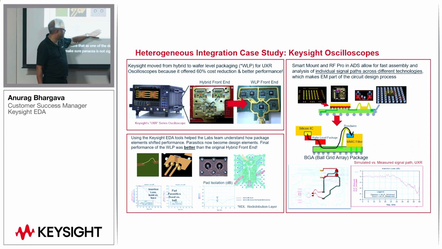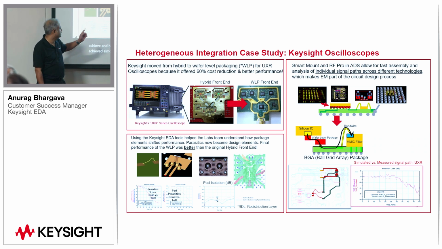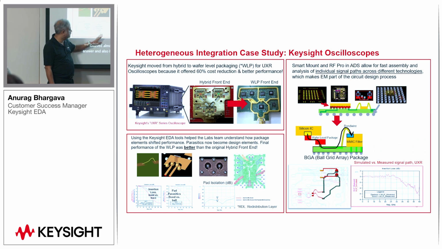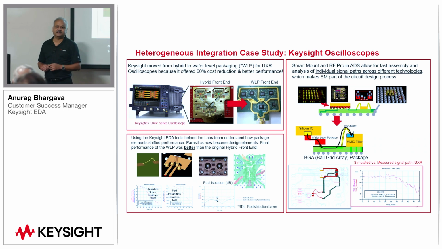And here, if you see the performance, although kind of difficult to see from the back, but we achieved almost like 20 dB isolation, which is much better in the wafer level packaging, kind of concept. And also, if you look at the loss, which we were able to reduce right at the higher frequency, this blue curve here shows much less loss than what the traditional style of design was doing.